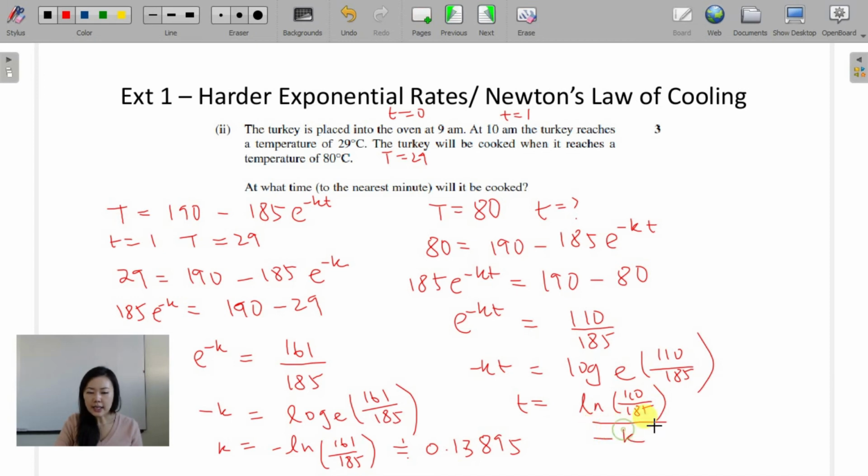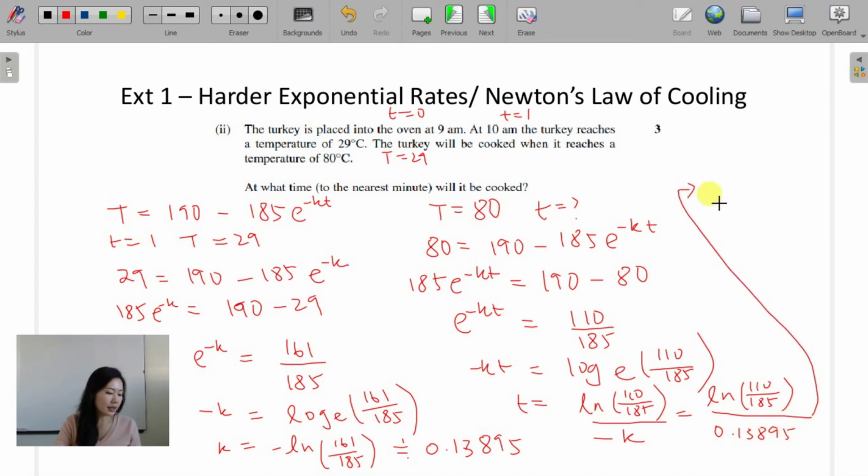Over minus k, and k is 0.13895. Okay, so put that into the calculator. It should come out as about 3.74 hours.